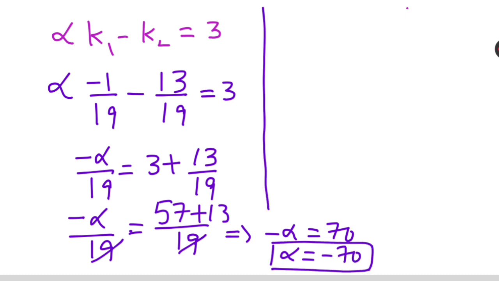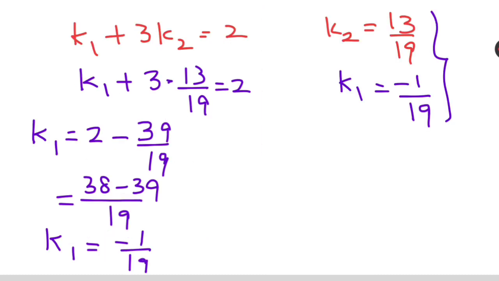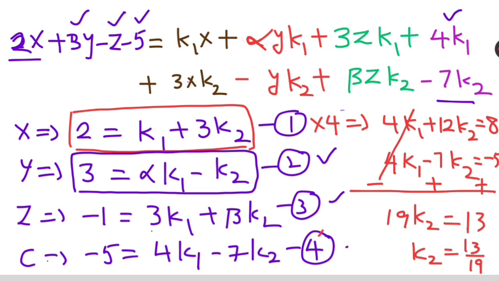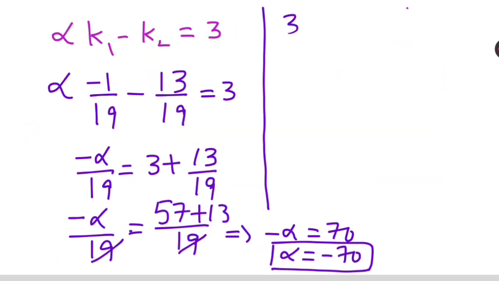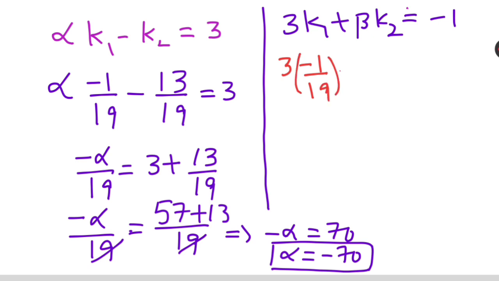Let's take the third equation and find the value of beta. What is the third equation? 3k1 plus beta k2 is equal to minus 1. What is the k1 value? Minus 1 over 19. What is the k2 value? 13 over 19. That is equal to minus 1.